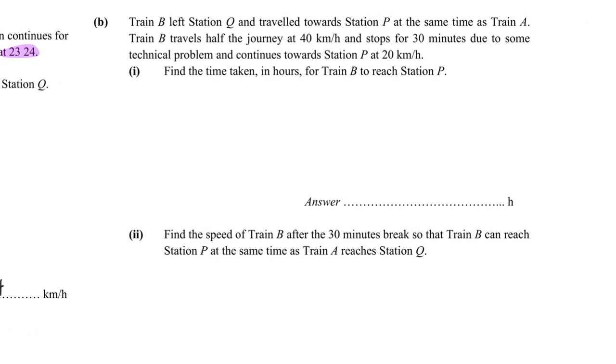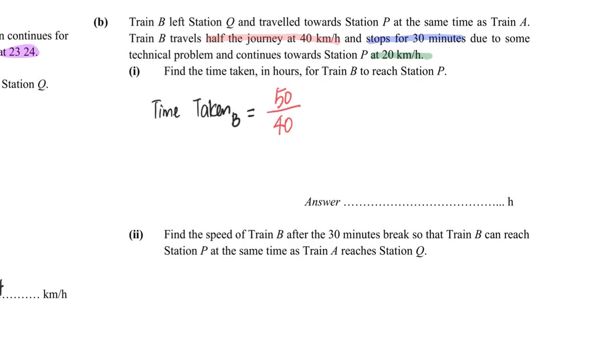When I move to part B, there is train B leaving station Q. Half of the journey is at 40 km per hour. It stops for 30 minutes. Continue at 20 km per hour. And so the time taken by train B is therefore 50 km, because total distance is 100, divided by the speed.